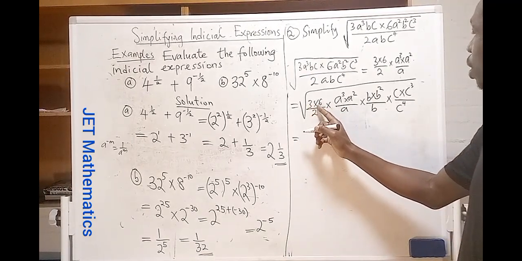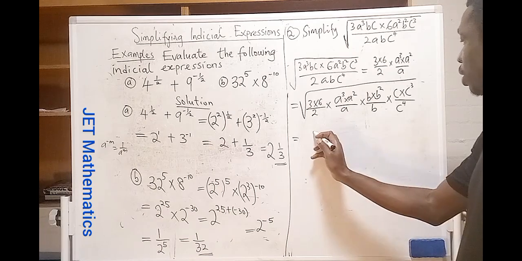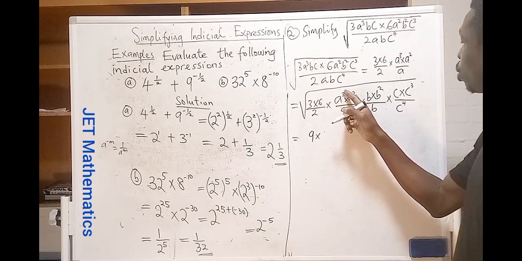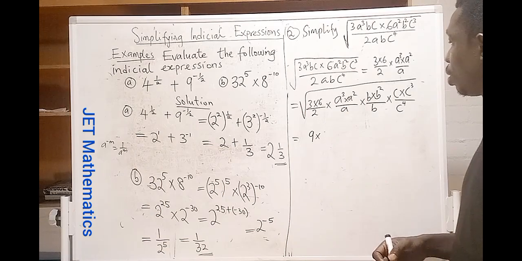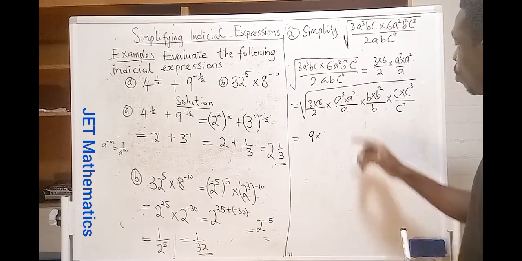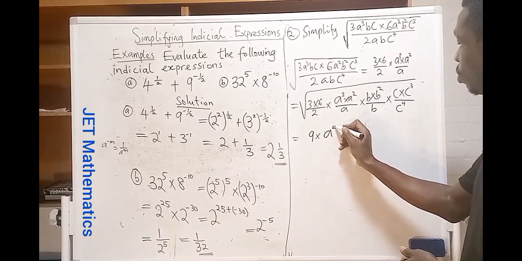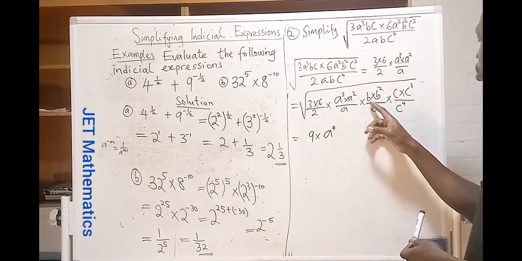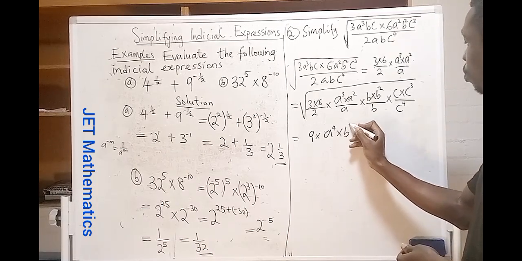So we will simplify them separately. So this is 3 times 6 is 18. 18 divided by 2 is 9 times, this a cubed times a squared is a raised to the power 5. Using the laws of indices, this is 3 plus 2, 5, minus 1, 4. So that gives us a raised to the power 4. This b goes out with b, so we have times b raised to the power of 2.